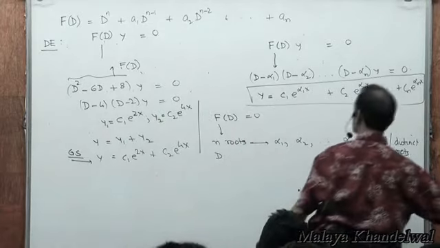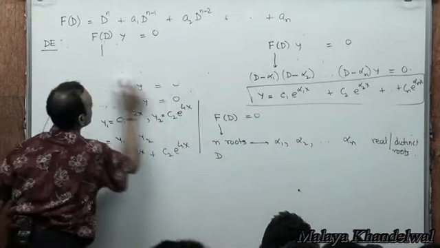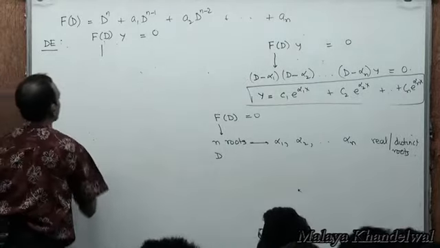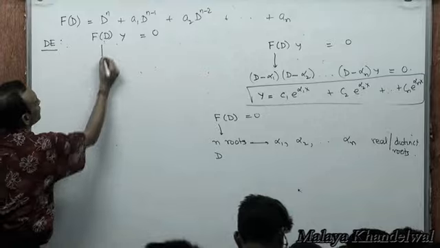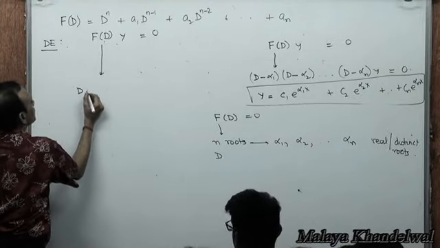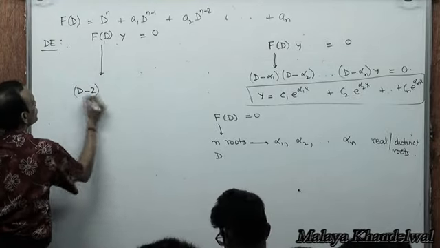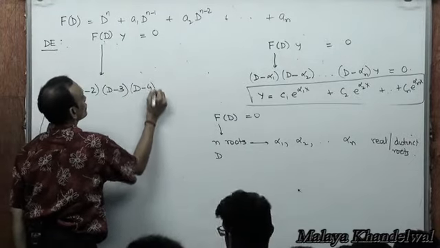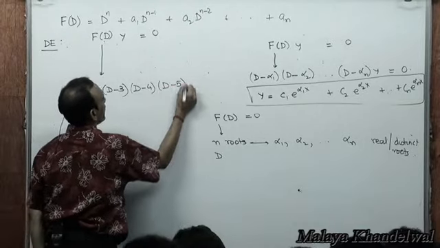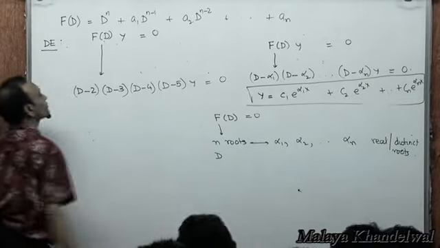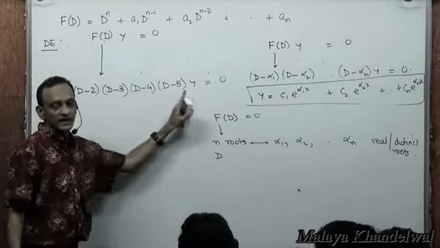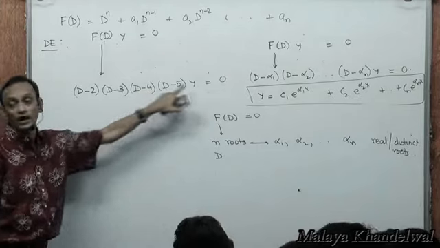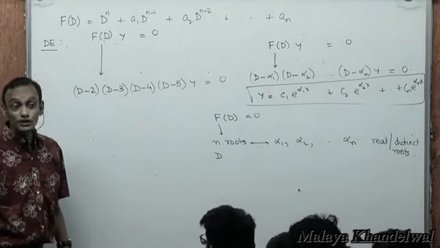For example, suppose my F(D) was factorizable as (D minus 2)(D minus 3)(D minus 4)(D minus 5) acting on y is 0. Suppose this is how I could factorize F(D). Very clearly 2, 3, 4, 5 are all real roots.